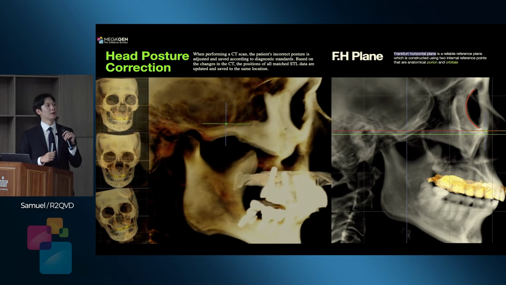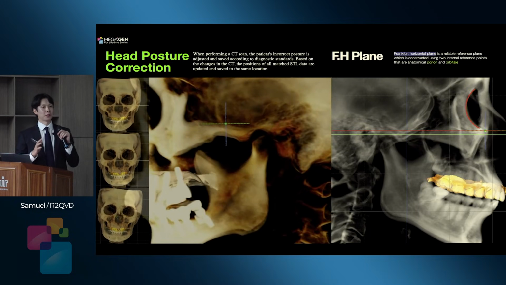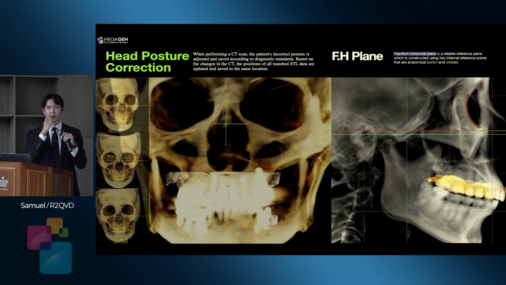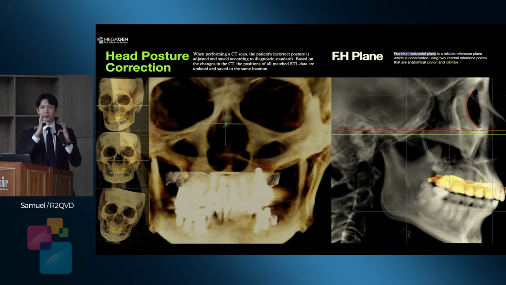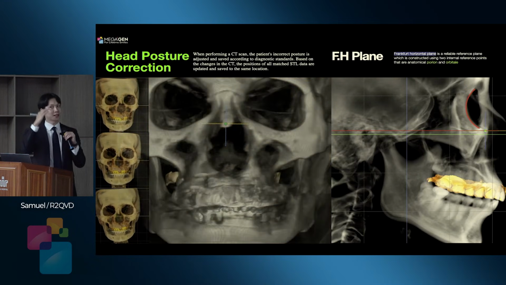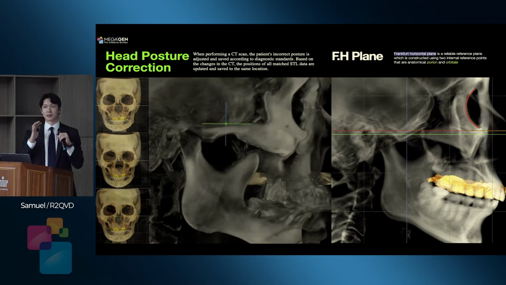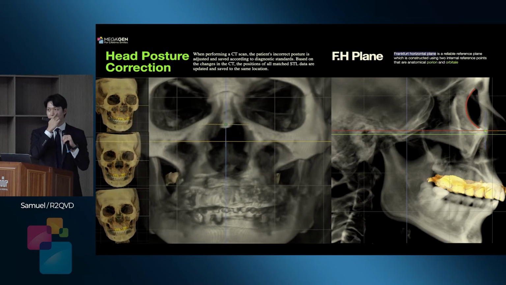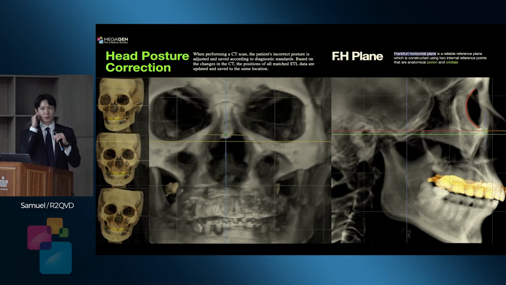That means like this. If you use the small FOV CBCT, you don't know where exactly the good position is. But if we use the large FOV CBCT, we can see much information, for example, orbitale to orbitale, or hinge, or porion.